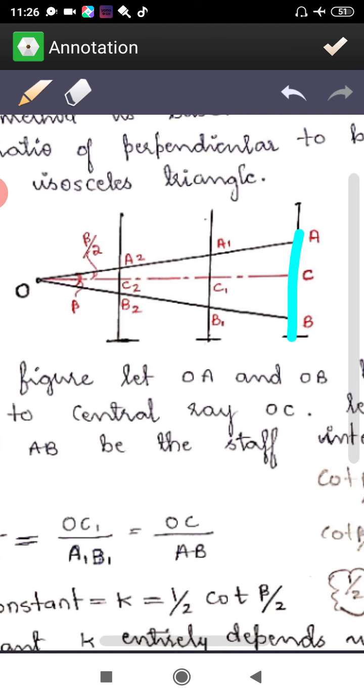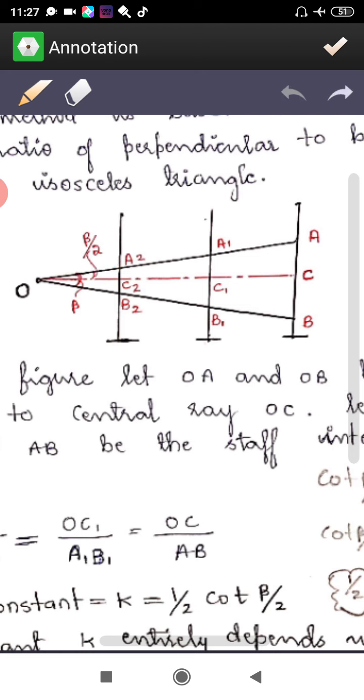You can easily compare this. Now in this figure, the full angle is beta, and half of that is beta by 2.